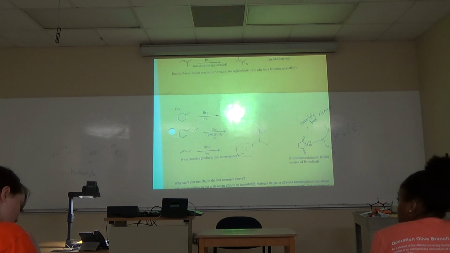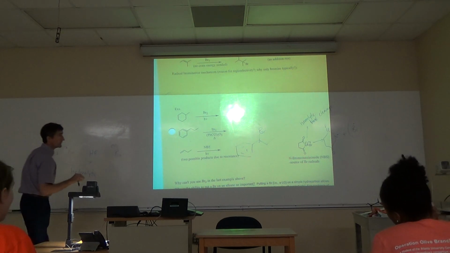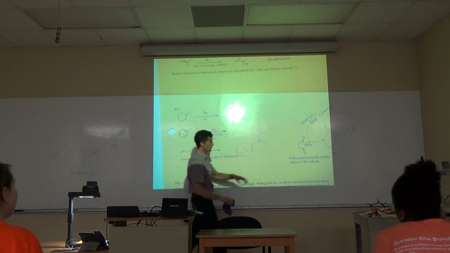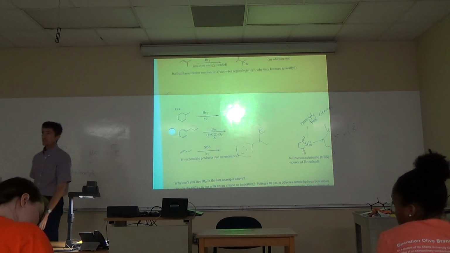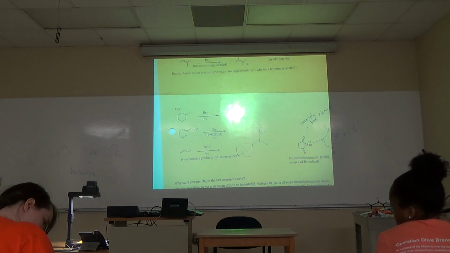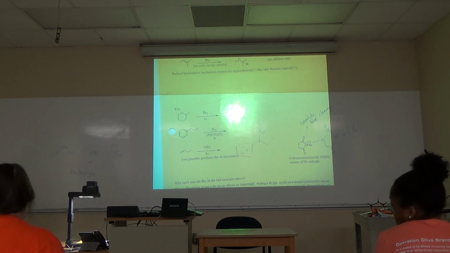You've got to have good ventilation, et cetera. NBS is a nice white solid. Color really doesn't mean anything, but it's a solid. You can weigh it out on the balance. You drop it, you can sweep it up. Which would you rather use? I'd rather use NBS. It's much more user-friendly.